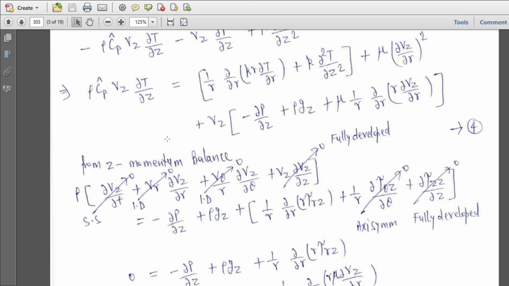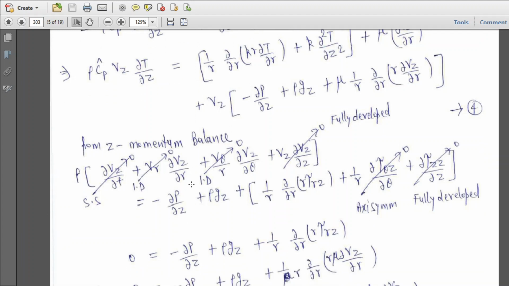Now we will do the Z momentum balance. If you do the Z momentum balance here, you have del Vz upon del T plus Vr del Vz upon del R plus V theta upon R del Vz upon del theta plus Bz del Vz upon del Z equal to minus del P upon del Z plus rho Gz plus 1 upon R del upon del R tau Rz plus 1 upon R del tau theta z upon del theta plus del tau zz upon del z.